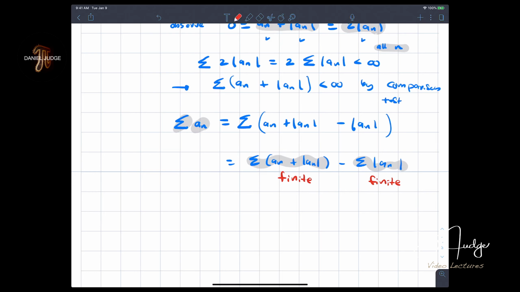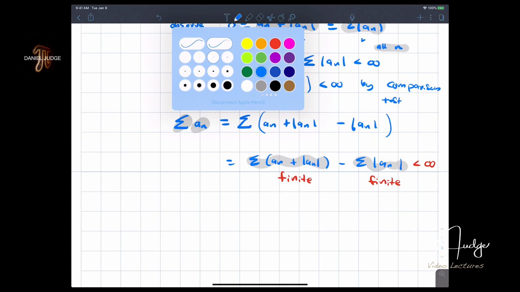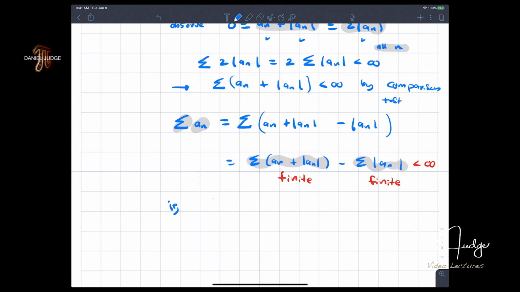So we just showed that since these are finite, the original series we're talking about is also finite. And this is a very famous statement: absolute convergence implies convergence.